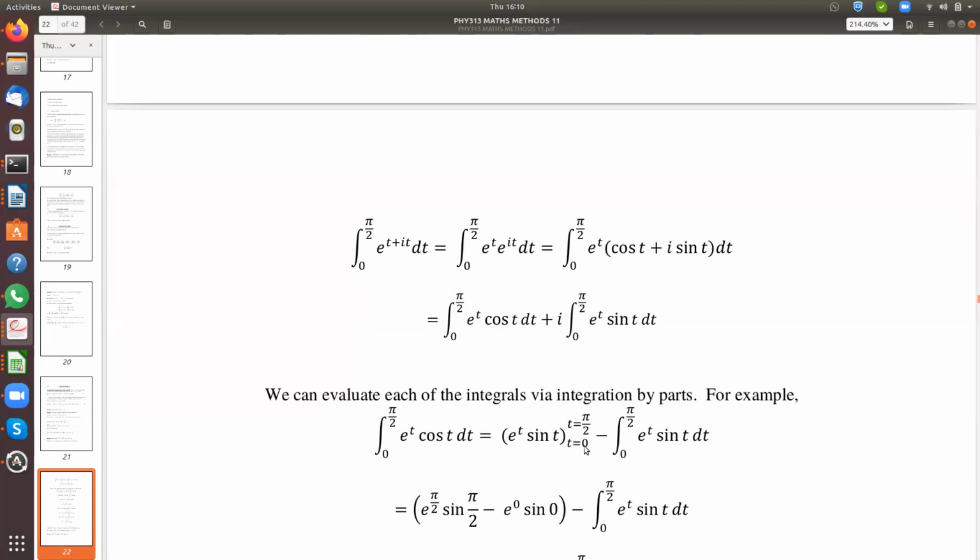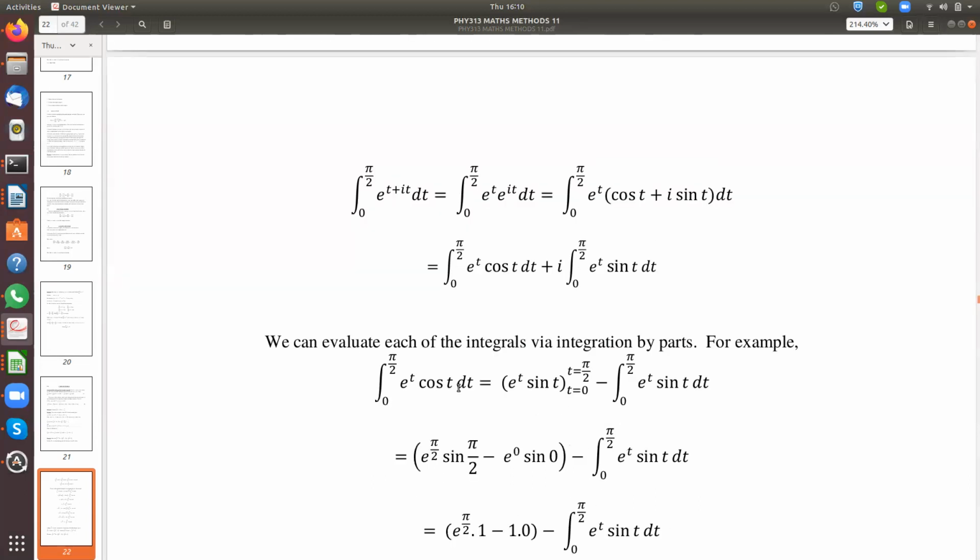Looking at the first one, if you apply integration by parts, which says that the integral of u dv is equal to uv minus the integral of v du, what you have here is uv. And how did they get their u? This first term is the u, and this second term is the dv.